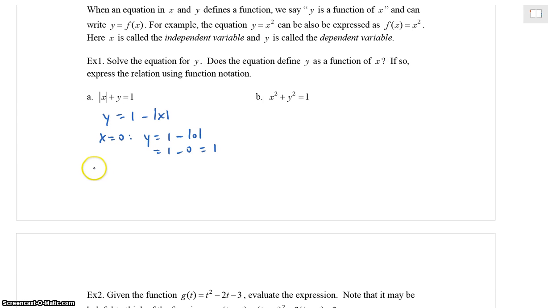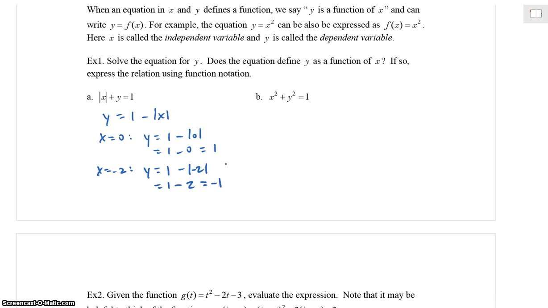Suppose I chose x equals, say, -2. What would we get for y there? It would be 1 minus the absolute value of -2. Now be careful here. This is 1 minus +2. It's still a subtraction, but the absolute value of -2 is +2. There's no cancellation of the negative signs here. and that gives us negative 1.